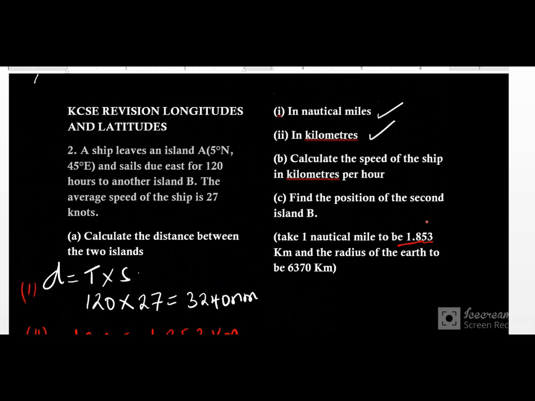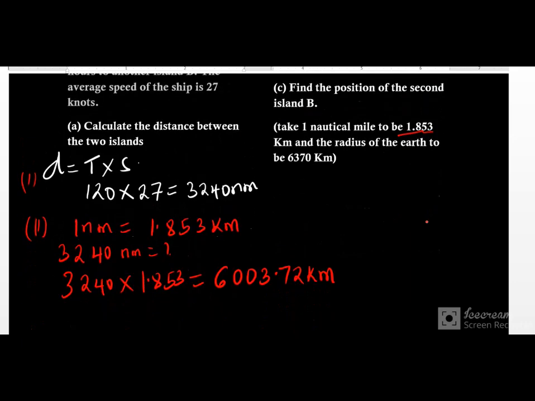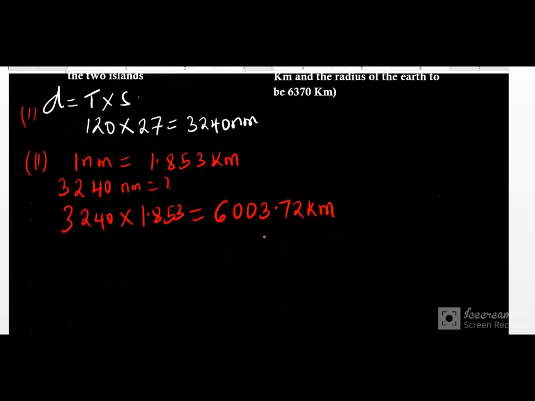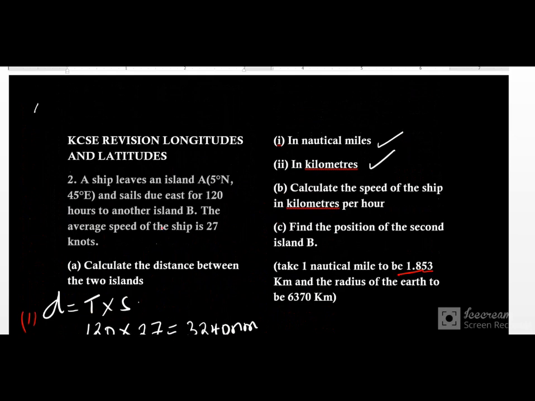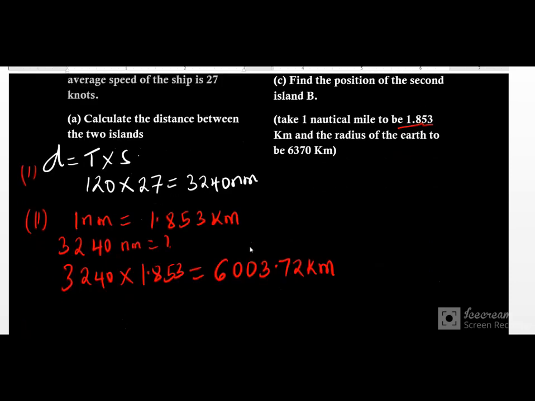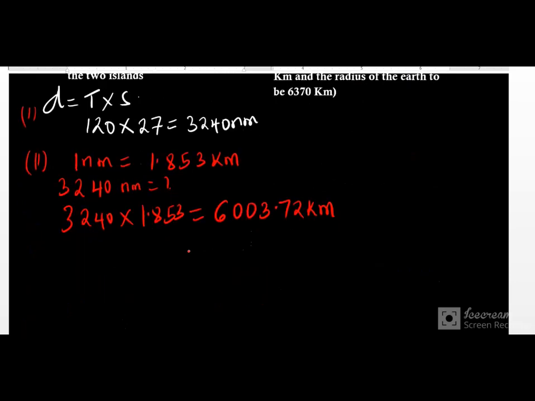Next, part B: calculate the speed of the ship in kilometers per hour. Now we have the distance in kilometers, and the time was 120 hours, as we were told here. So speed is equal to distance over time.